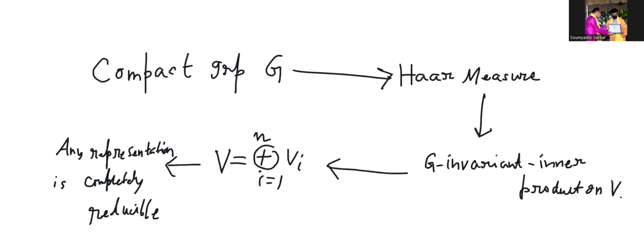So let me summarize what I have discussed in this video. My main goal was to show how an important measure, namely the Haar measure, can help us do some remarkable thing in representation theory. That is introducing a G invariant inner product.